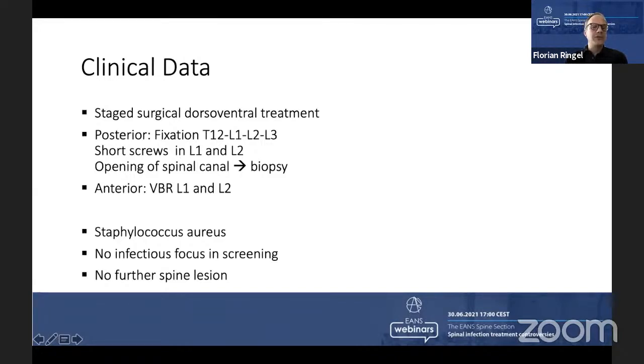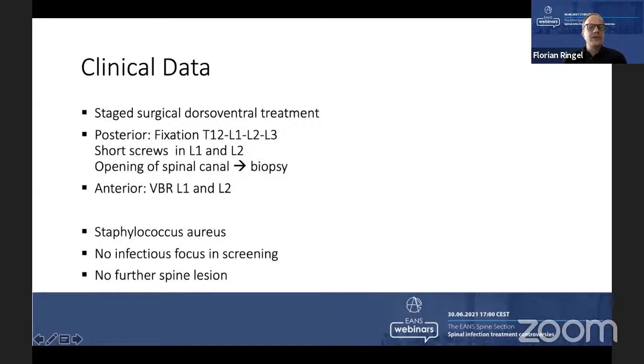Then we went anterior, anterolateral approach, partial vertebral body resection and vertebral body replacement of L1 and L2, bringing in the distractable titanium cage. The diagnosis was that it's a Staphylococcus aureus infection, as most of those spondylodiscitis cases are.